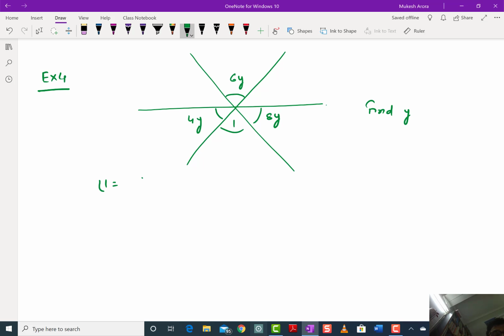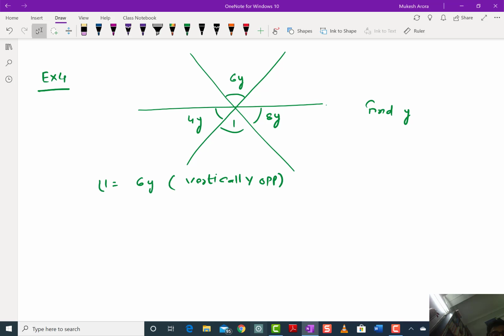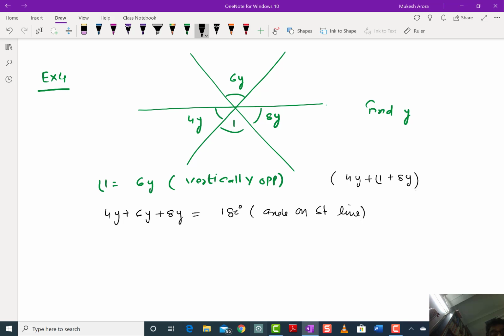Angle 1 is equal to 6y, that is vertically opposite. So now 4y plus 6y plus 8y is equal to 180, angle on a straight line, or we can say 4y plus angle 1 plus 8y is equal to this. So 18y is equal to 180, y is equal to 10.